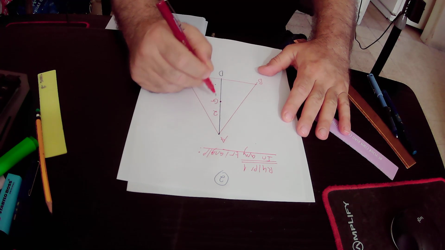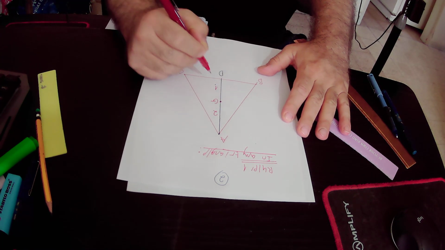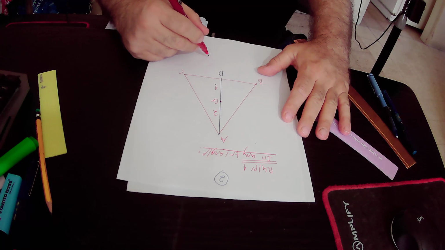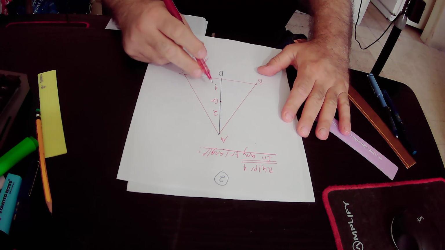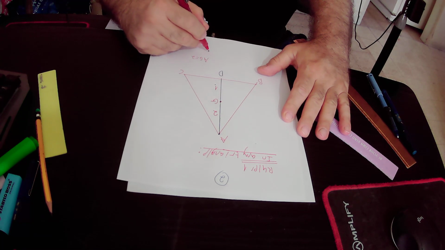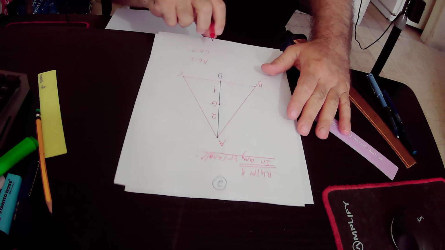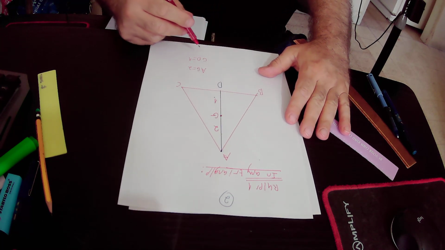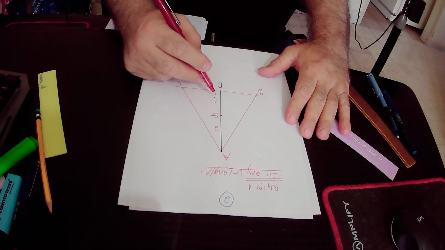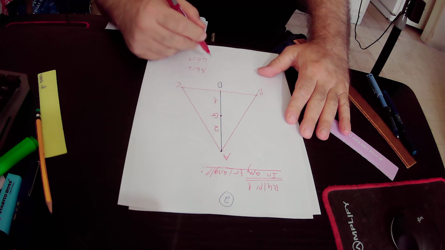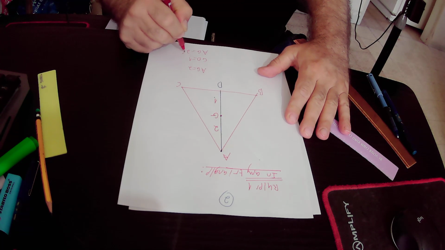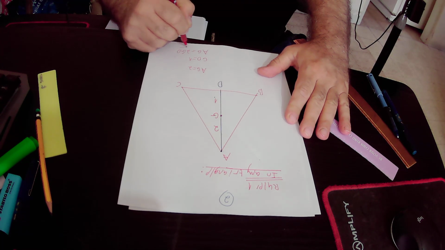That is to say, if AG equals 2 units, then GD will be equal to 1 unit. Or we can also say that AG is twice as large as GD, AG equals 2 times GD. Okay?